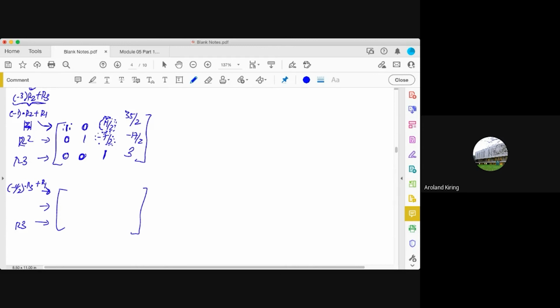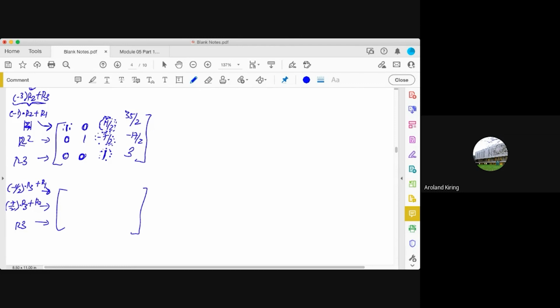Okay, and for the row 2, we're going to multiply 7 over 2 to row 3 plus row 2. Okay, so this one, negative 7 over 2, we're going to multiply 1 with positive 7 over 2. So if we add them, it will become 0.